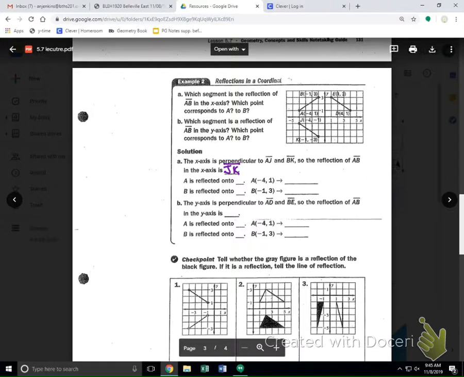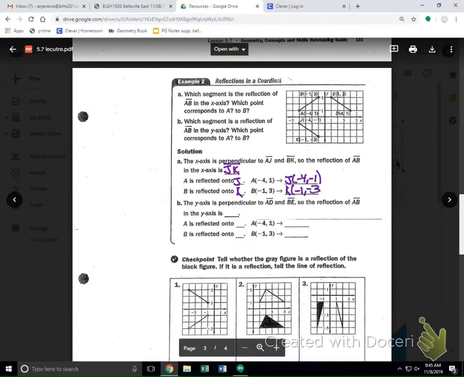Which one corresponds to A, J or K? J does, right? So if you folded it down, it would lie on top of J. And we have J having the coordinates of -4, -1. Which leads you to see that B being reflected over the x-axis would correspond to K. Yep. And K's coordinates are?